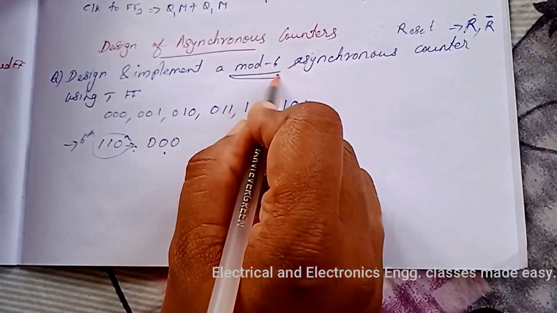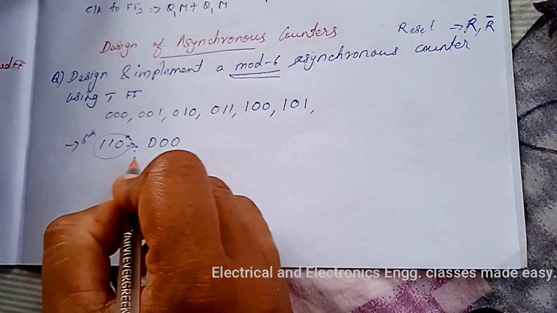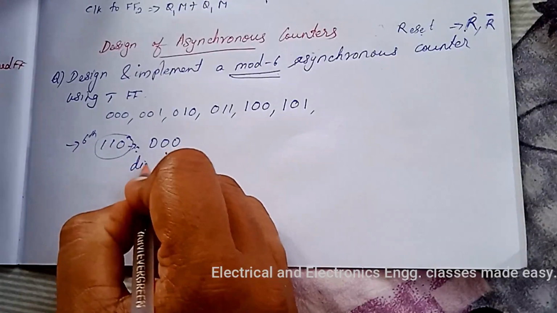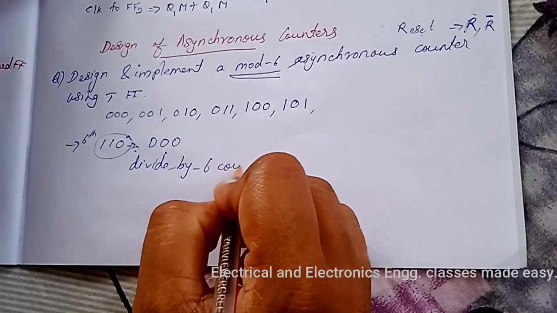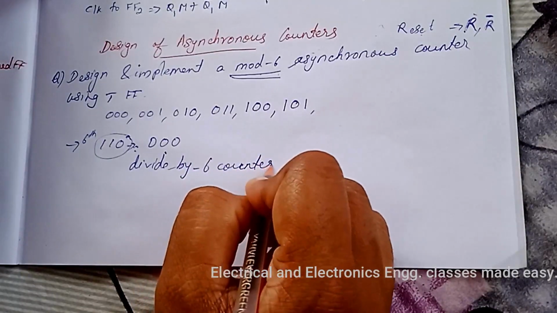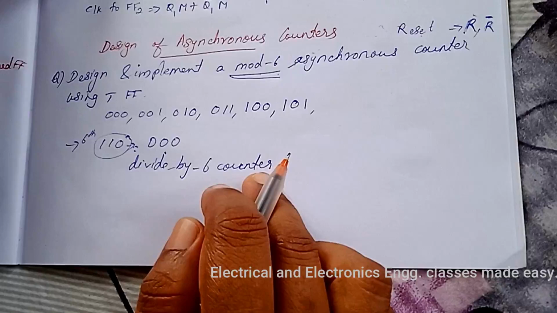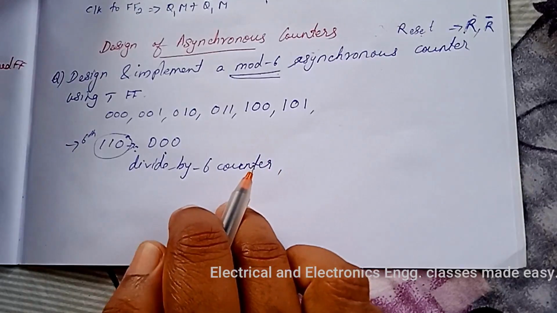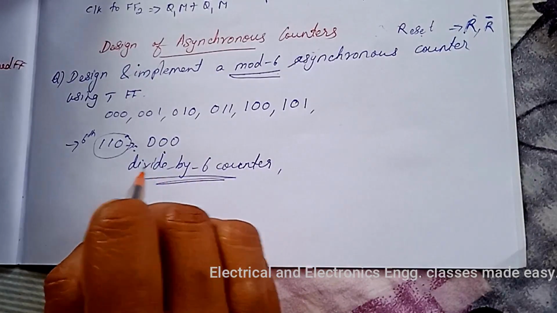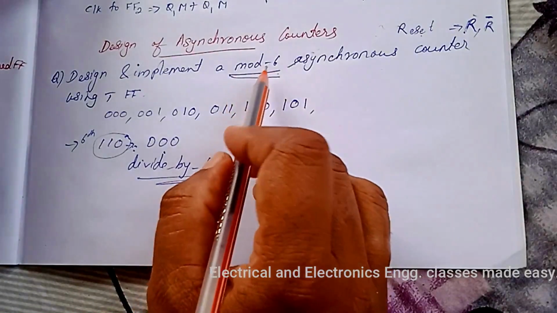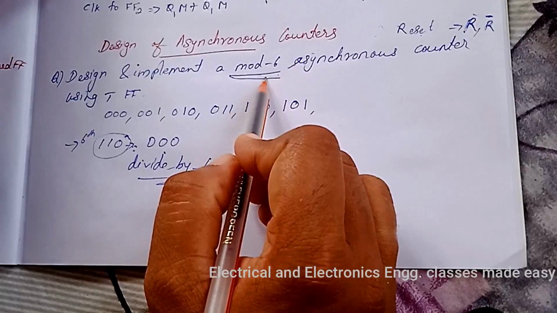And this is a Mod-6 asynchronous counter, that is, we can say a divide by 6 counter, because it divides the input clock frequency by 6. So we can call it a divide by 6 counter or Mod-6 asynchronous counter.